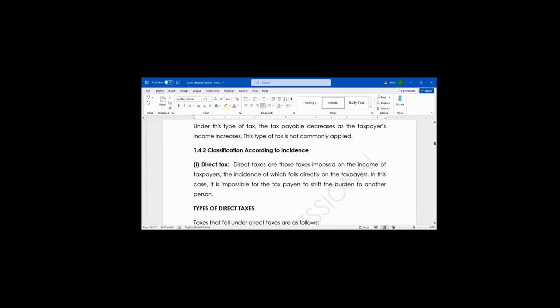Direct taxes are the taxes imposed on income and profit derived by company and individual. But indirect taxes are those taxes imposed on goods and services.